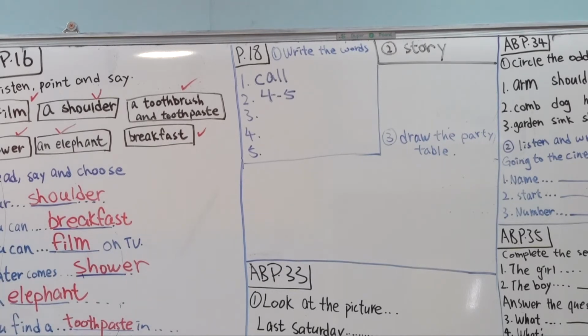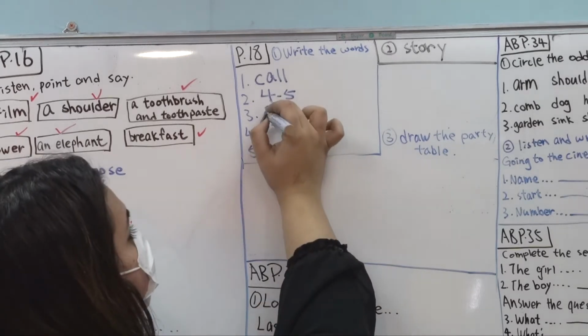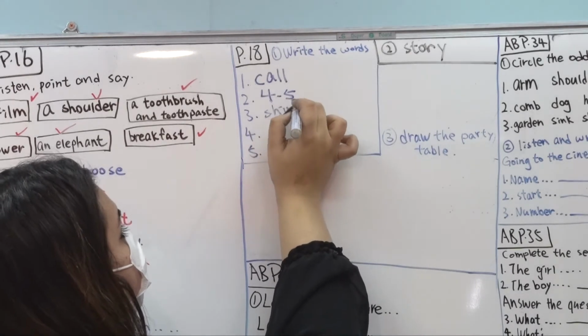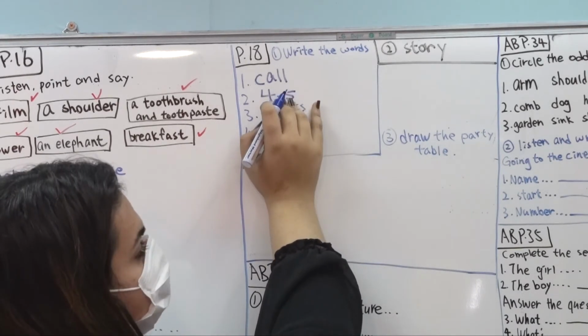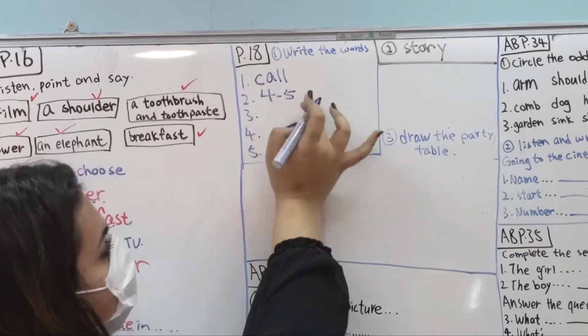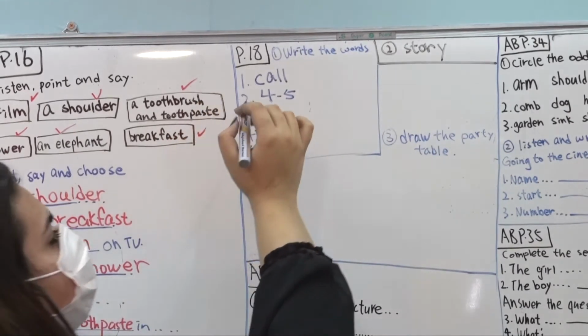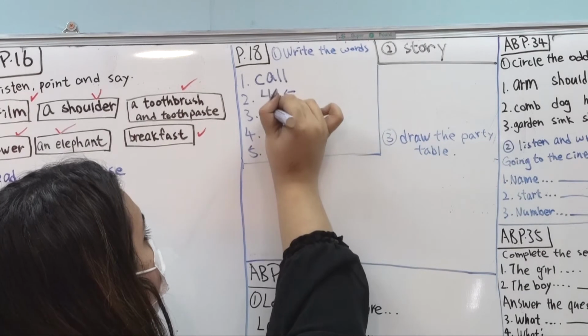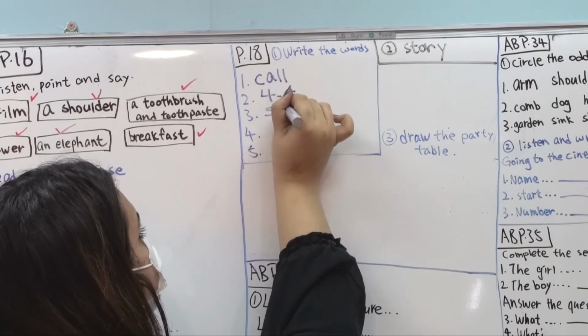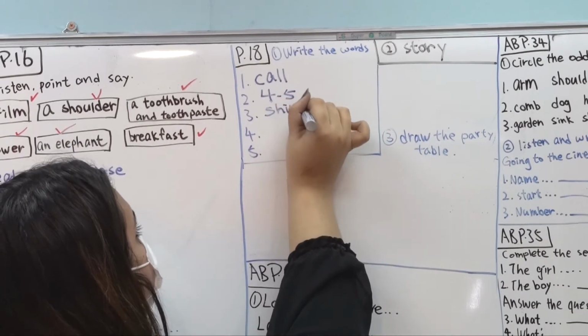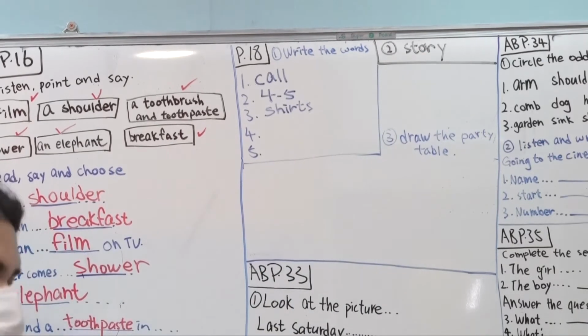That should be clothes, right? But here it says the 3 purple, maybe shirts. Could you write shirts? Remember how to spell shirts? S-H-I-R-T-S. Shirts. Okay.